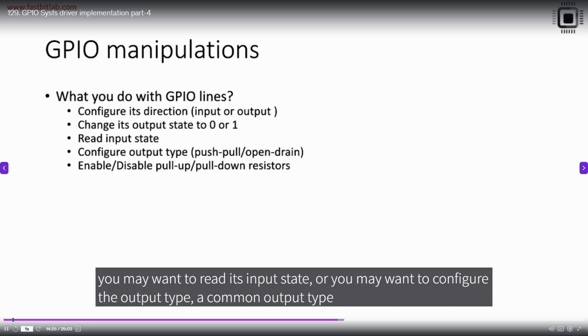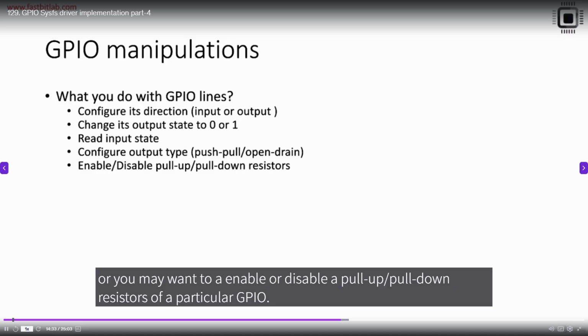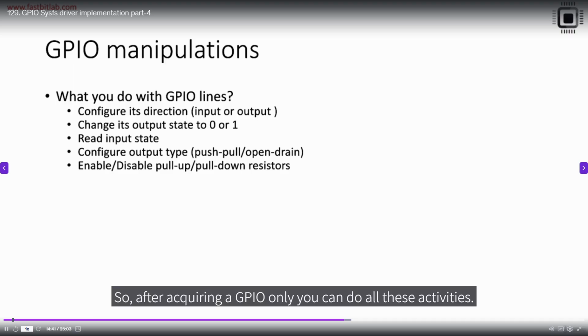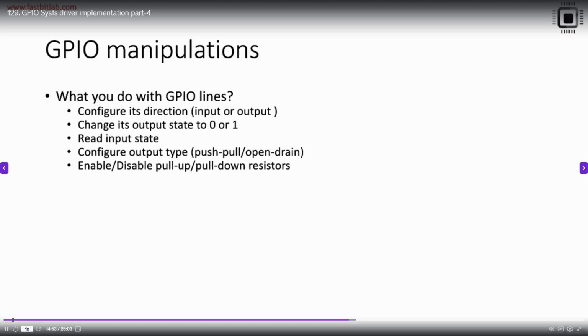A common output type of a GPIO pin could be push-pull or open drain, or you may want to enable or disable the pull-up or pull-down resistors of a particular GPIO. So after acquiring a GPIO only, you can do all these activities. Now the kernel's GPIO subsystem gives you lots of kernel functions to achieve this.